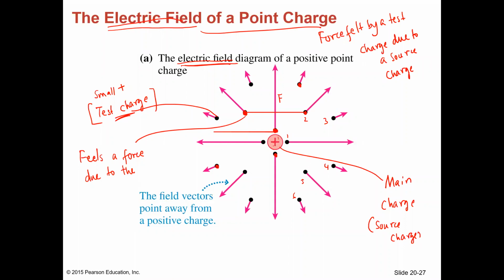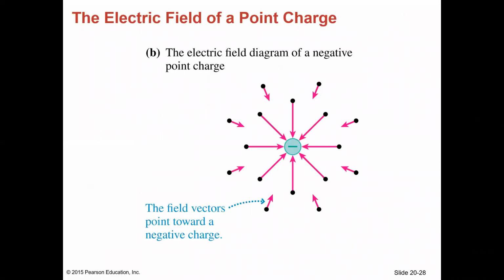Now, instead of a positive source charge, if you have a negative source charge, then these test charges, because test charges are usually small, tiny positive charges, will be attracted by the source charge.